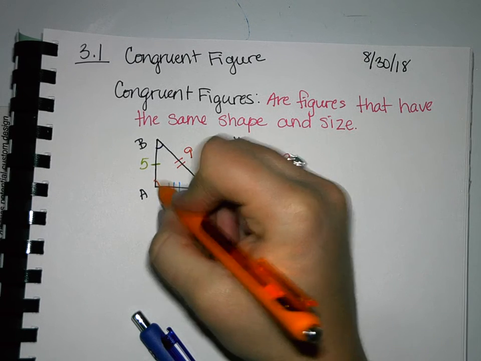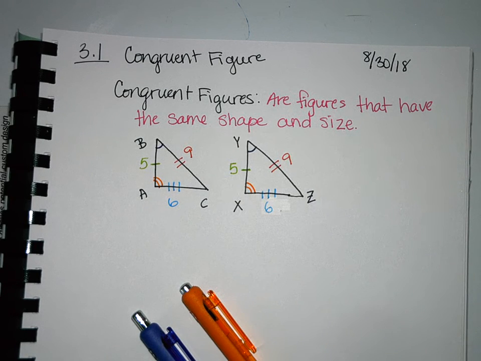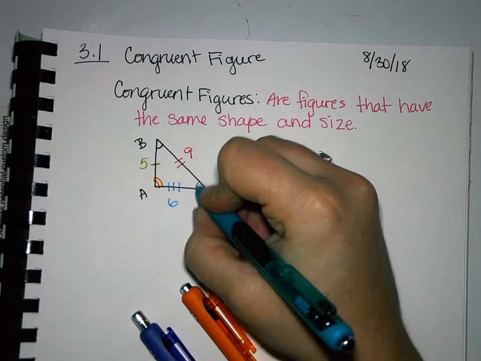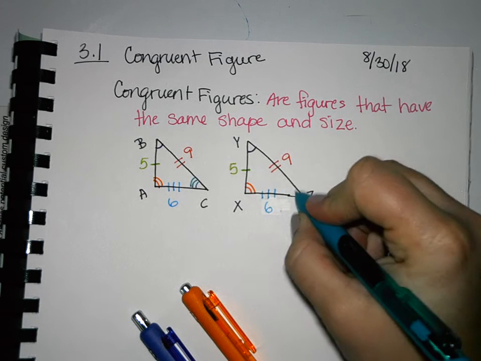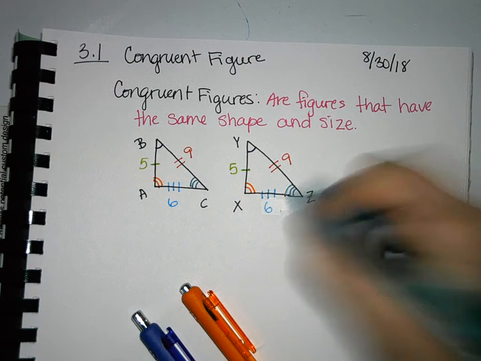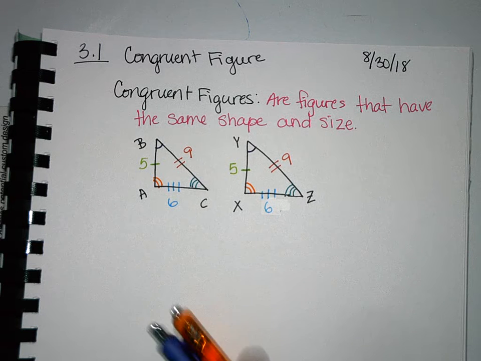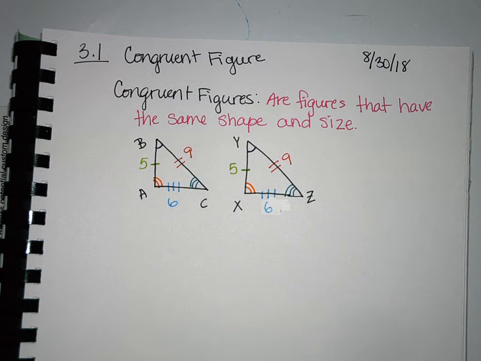Angle A. And what about angle C? Angle Z. Okay, have you guys seen these markings before on pictures? Anyone never seen them at all? Okay, so we know that 1 mark corresponds with 1 mark, 2 with 2, 3 with 3.